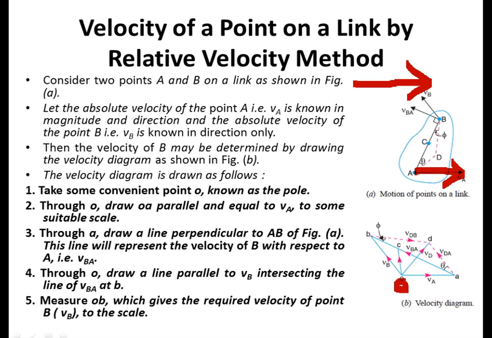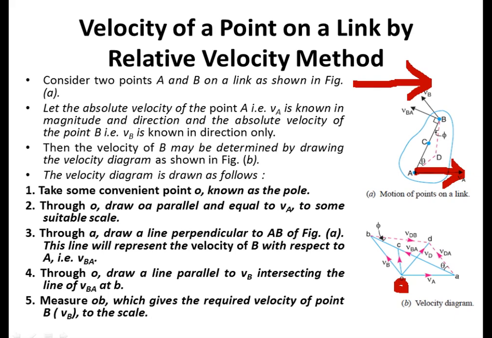So you have to take OA parallel to it, through O, and equal to VA to some suitable scale. You can take any suitable scale according to your sheet, how much sheet you are having. Next, through point A, from where you have already drawn O to A, draw a line perpendicular to AB, because this is AB, already given like this.